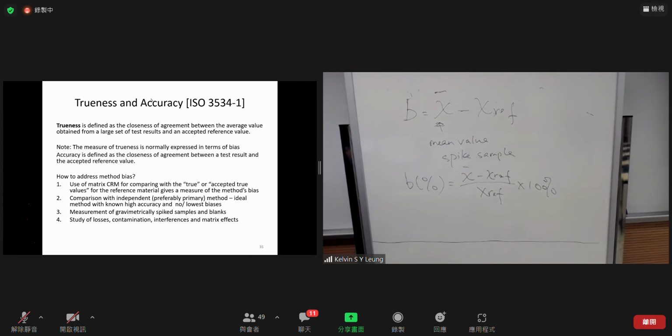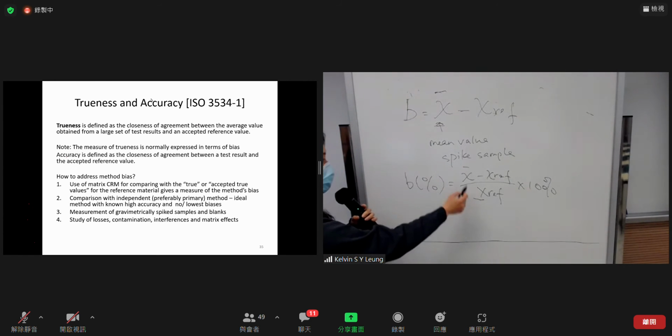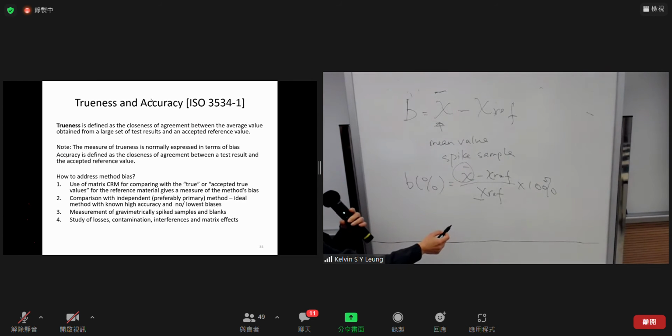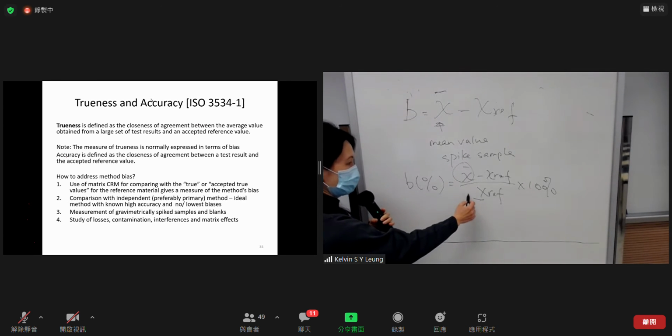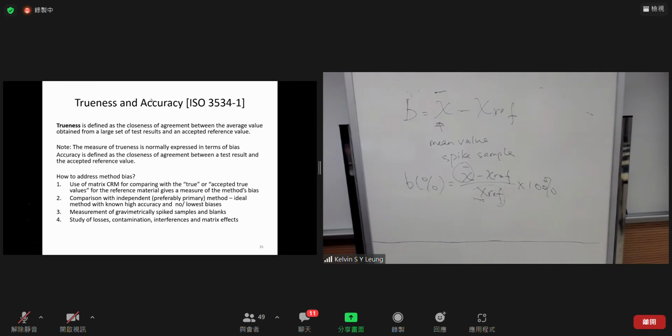Or if you are not using a CRM, sometimes you will use your spiked samples. When you weigh them, you will know the amount that you have weighed, okay? This is your found value, and this is your weighed value, okay? Then you will know it.